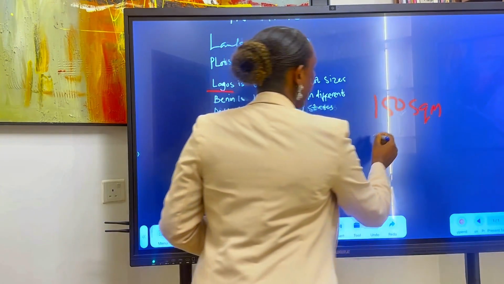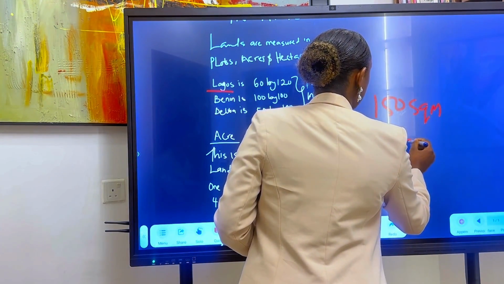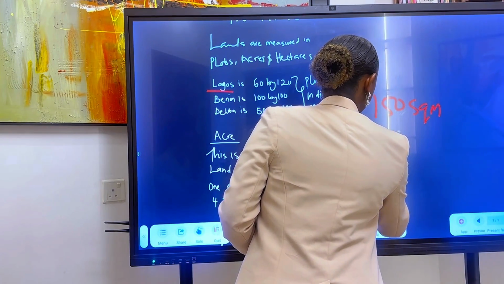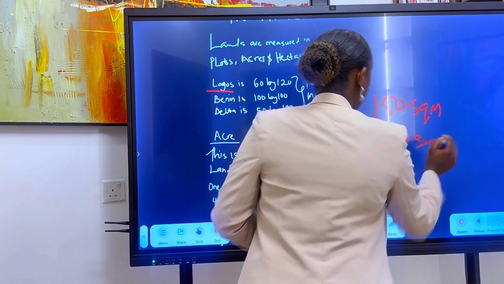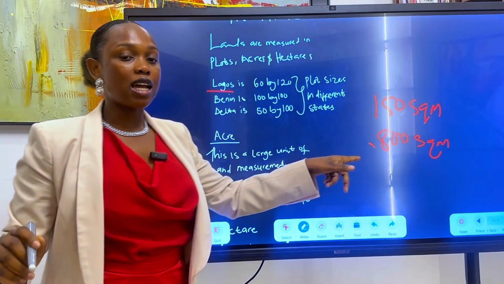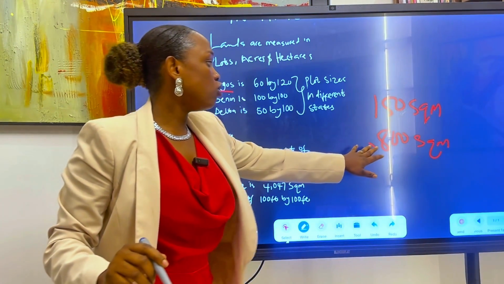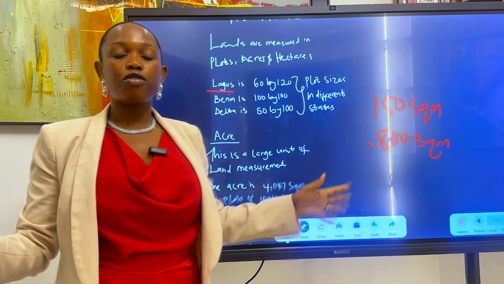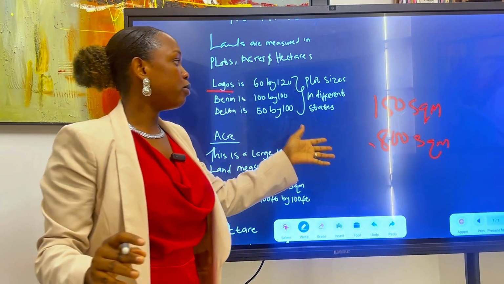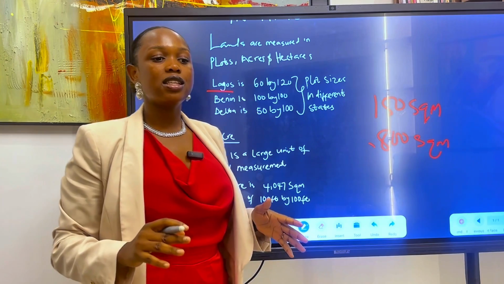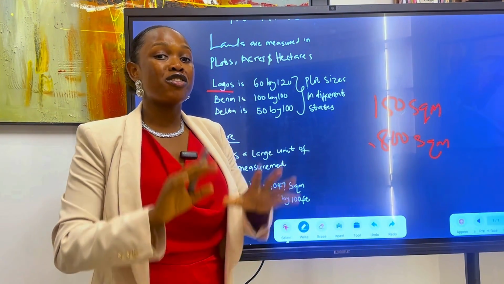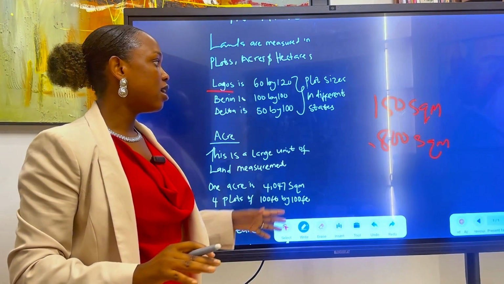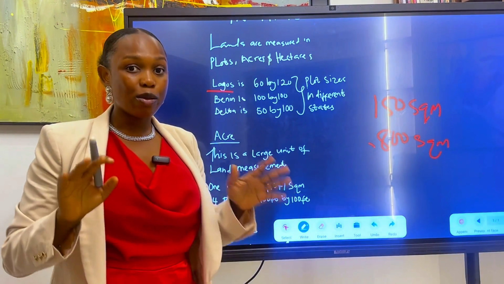So we have 800 square meters, which most of the times for estates is being used for block of flats when you are building block of flats. So since the definition I've already said, it's a piece of land that has already been marked out for development, and you see some estates in Abuja right now.